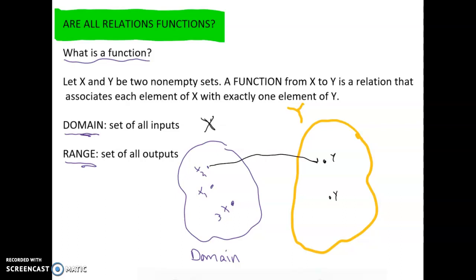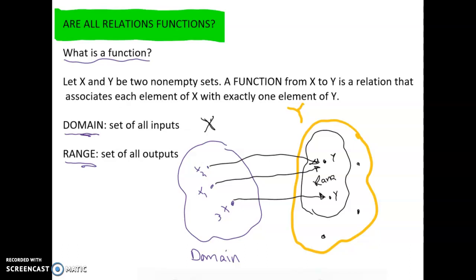Each x will map to a y value. There might be other values in the set. The ones that go from x to y there, we say that those are our range. So we have our domain here, and each item in our domain maps to an item that is in set y. And those items, those images, are called the range.